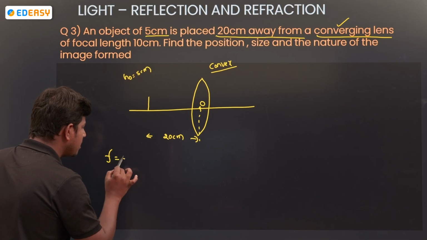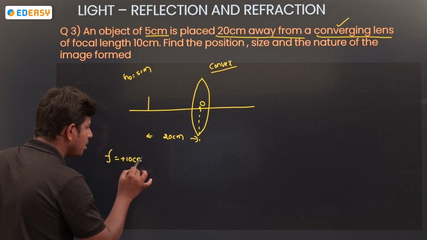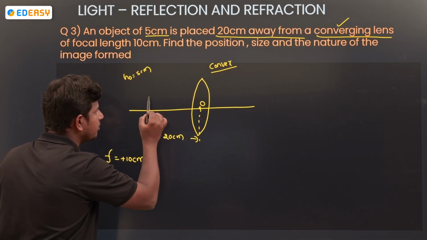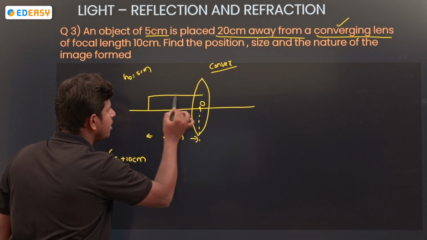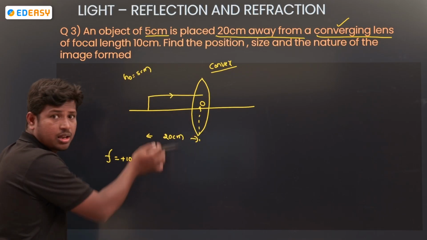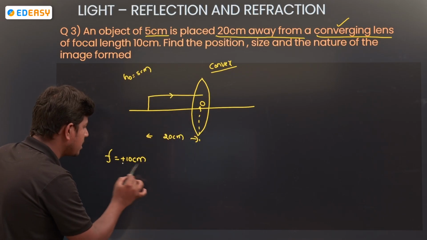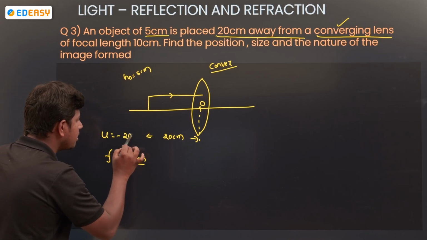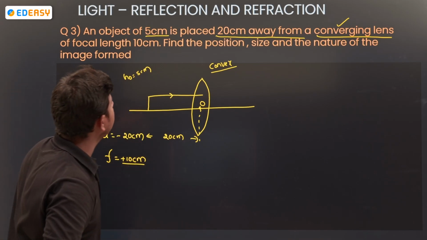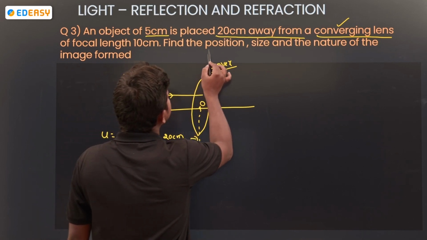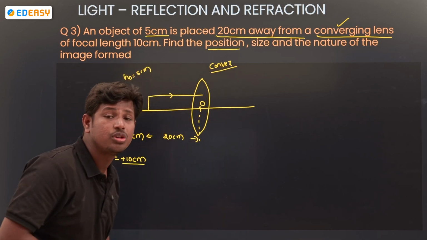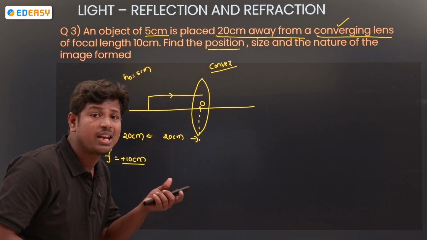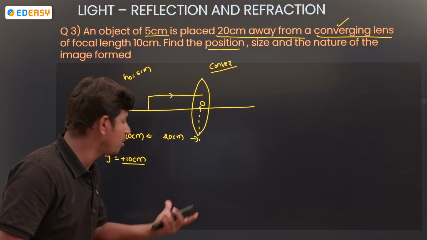Plus 10 centimeter, because it is towards the incident ray direction. Focal length will be plus 10 centimeter. Object distance is minus 20 centimeter. What do we need to find out? Find the position. Position means where it is. We are going to find the v value.